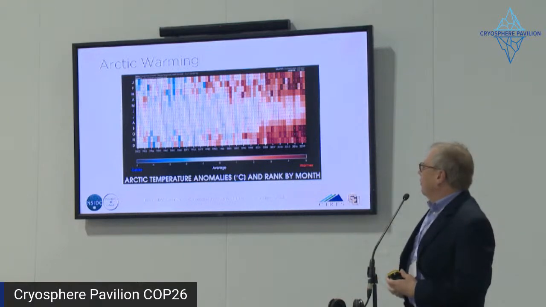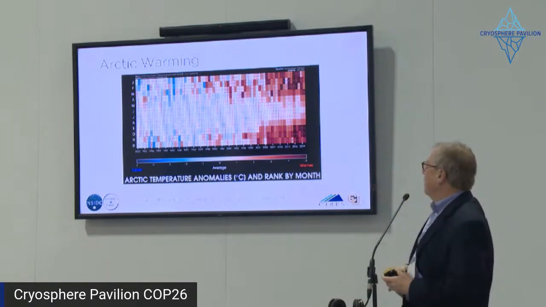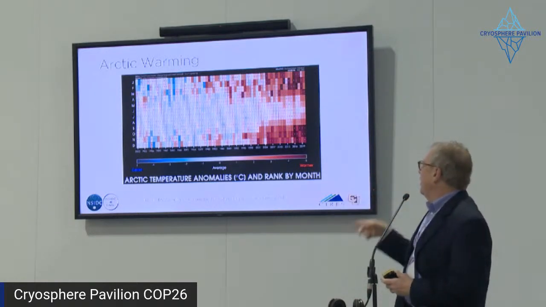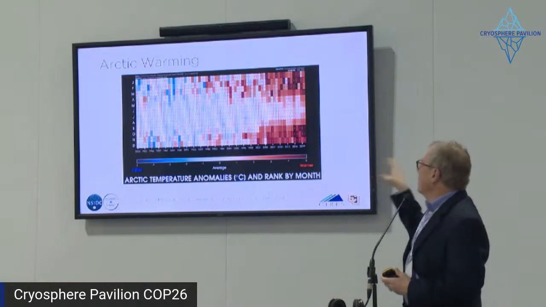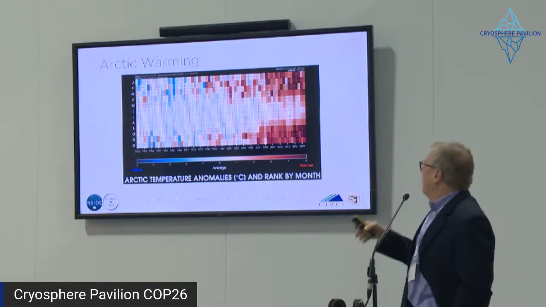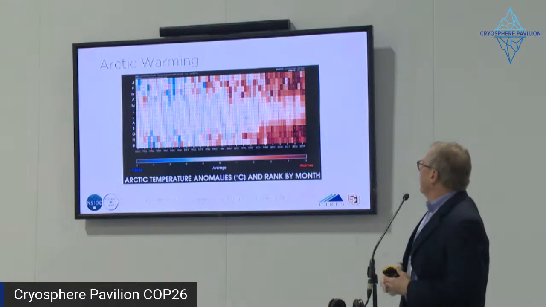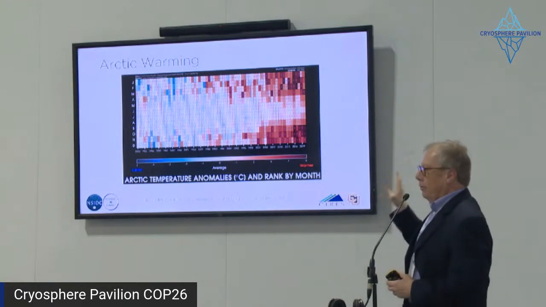On the y-axis is January down to December, showing the warming, of course, and then the year along the x-axis, 1950 to 2020. So you see this obviously greatly increased warming as we get into more recent years. The redder is the warmer years, blue is the colder years, but it's also focused more in the autumn and through the winter and spring.